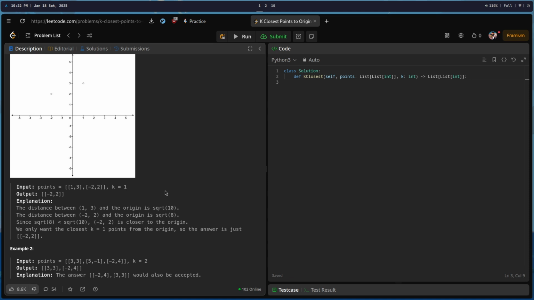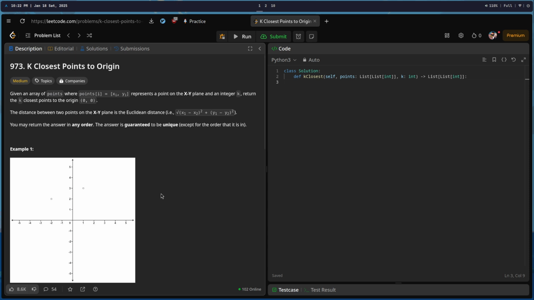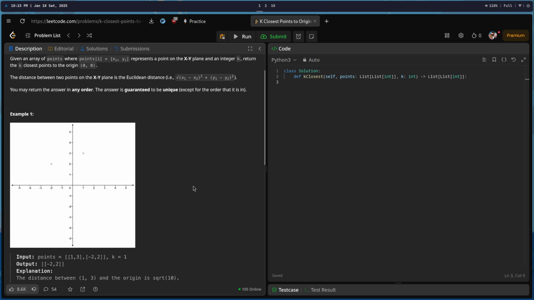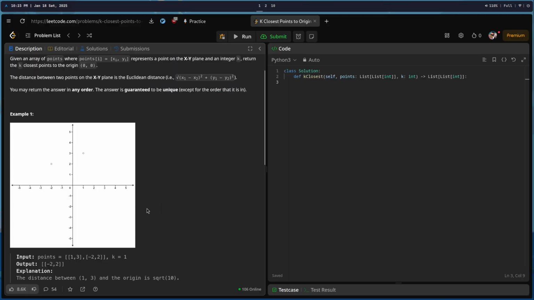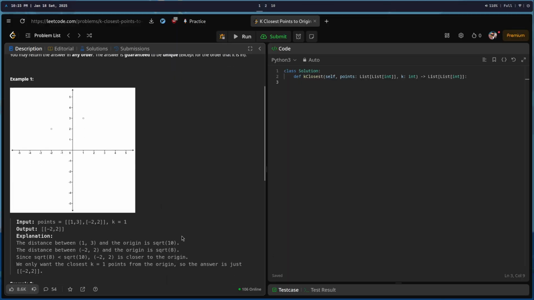What is this k value? I guess k is like the kth smallest or closest, right? So I would pop k times once I create some kind of heap, I think. That's my guess. Hold on, let me double check it.